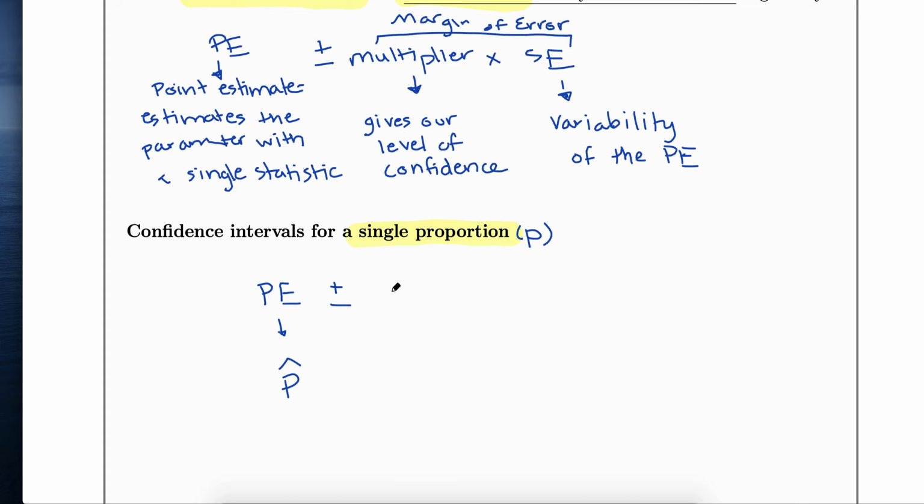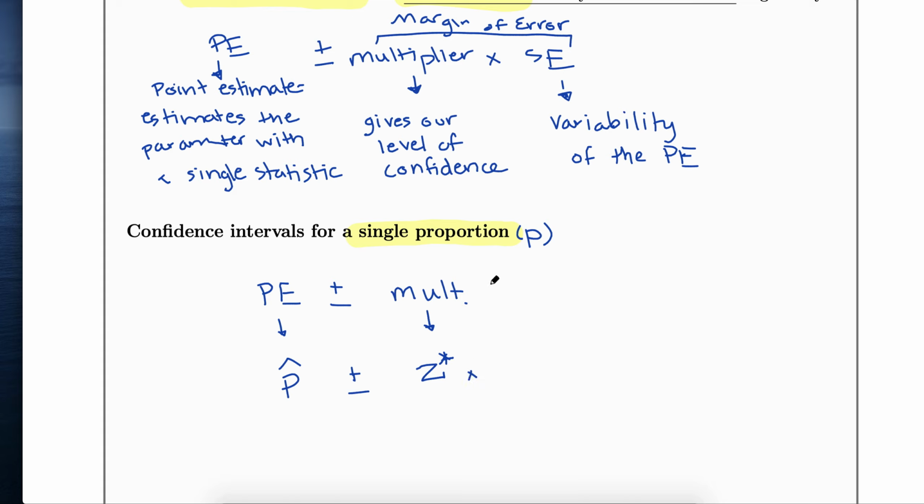So plus or minus our multiplier to give us our level of confidence. The multiplier for this, and we'll explain in a little bit on an example, I'm going to call Z star. So Z should sound really familiar. It's coming from the standard normal distribution. Again, I'll tell you how to find it in a moment.